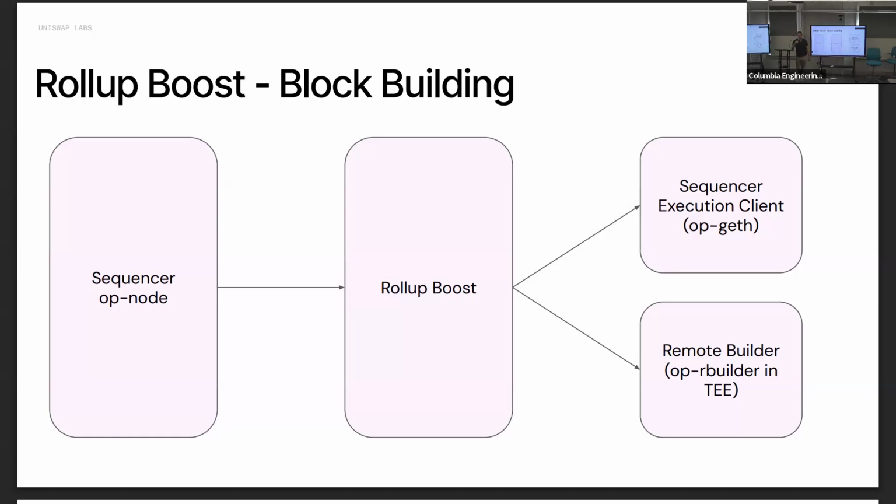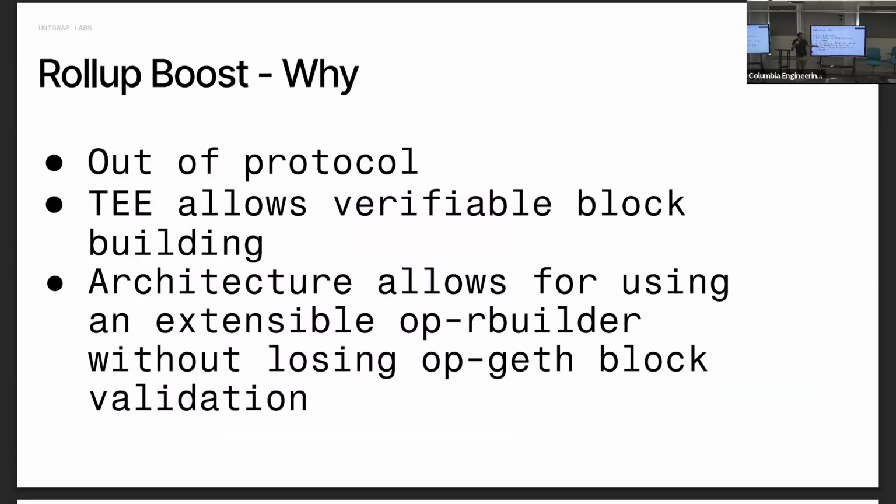Anytime the sequencer asks for a block, it asks a local OP Geth node, and it also asks this remote builder. Often the remote builder is the one actually building the block, and then it'll sign off to say, I was a block built in a trusted execution environment. We've talked a lot about why we're doing this.